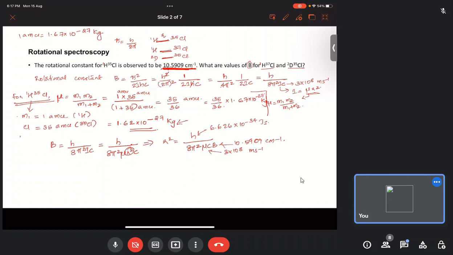We can convert this meter second inverse to centimeter second inverse so that we can cancel it with the B value, because B is already in centimeter. So this one is 3 into 10 to the power 10 centimeter second inverse. So R square is equal to 6.626 into 10 to the power minus 34 divided by 8 into pi square.